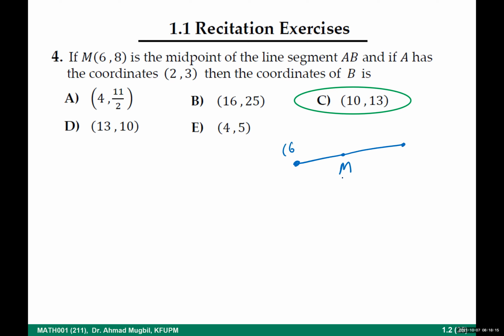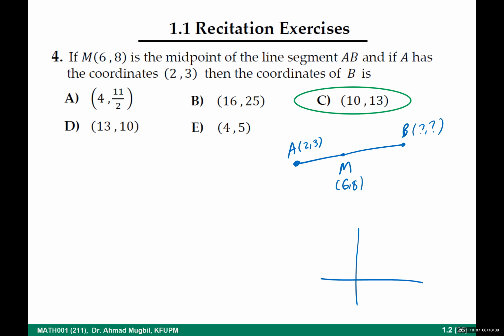I'm not sketching the points exactly in the XY plane, but you can do that. You have a midpoint, he gave you the midpoint, 6 and 8, of the line segment joining two other points, A and B. He gave you A as 2 and 3. The question is, what are the coordinates of B?